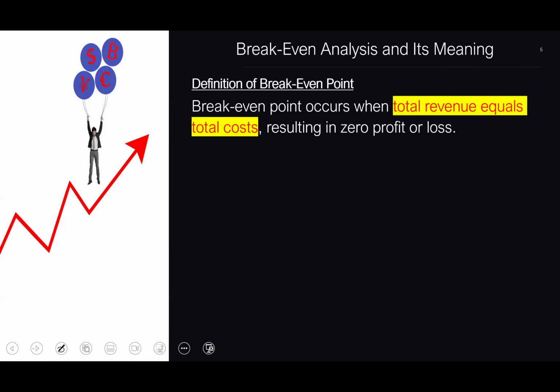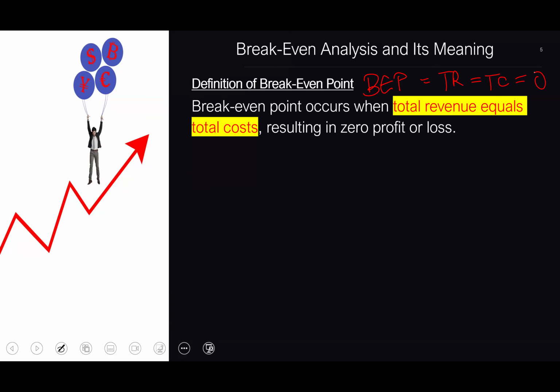Okay. Now let us define BEP, the bread and butter of this chapter, break-even point. Break-even point is a point where the company's total revenue is equal to total cost, meaning a point of zero profit.